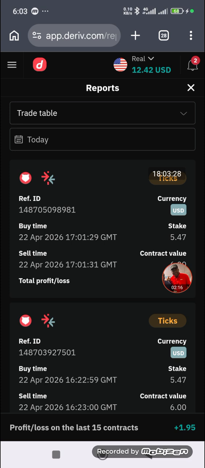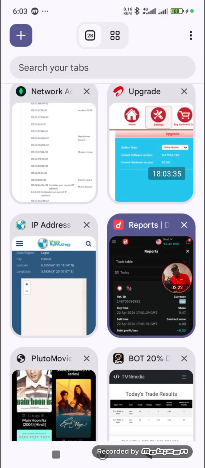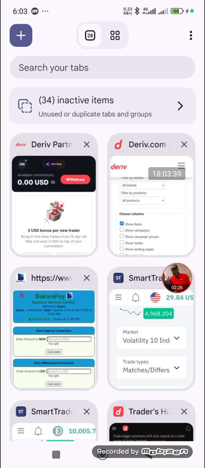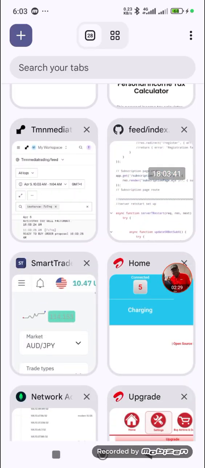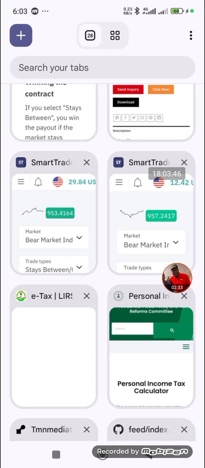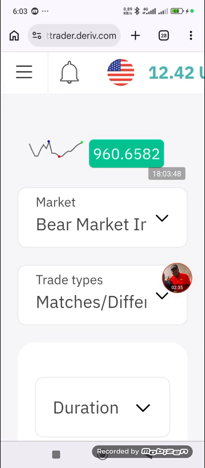Now, the sequence that I use to trade digits differ is very simple, but it's something I cannot share online, because once I share it, it becomes general and public. But I can teach someone how to trade it.